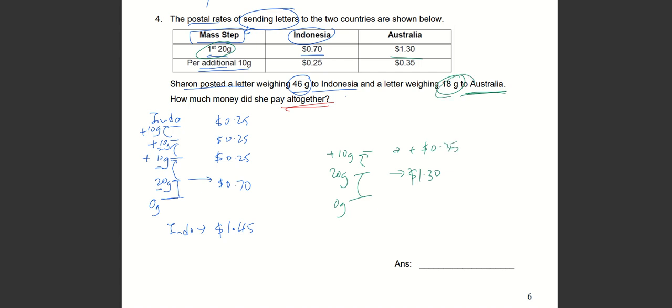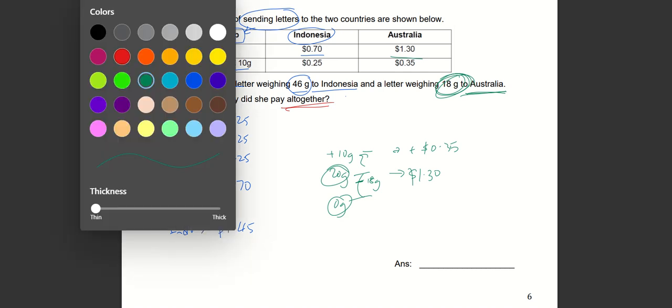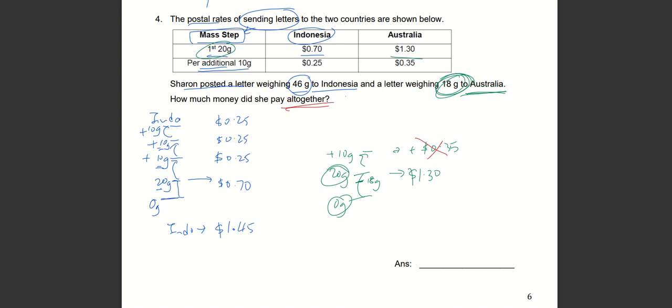But let's take a look at this. This is 18 grams. So 18 grams is within 0 grams to 20 grams. So 18 grams may be here. It falls within the first 20 grams already. So I actually do not need to step up at all for the Australia, okay, because it's 18 grams.